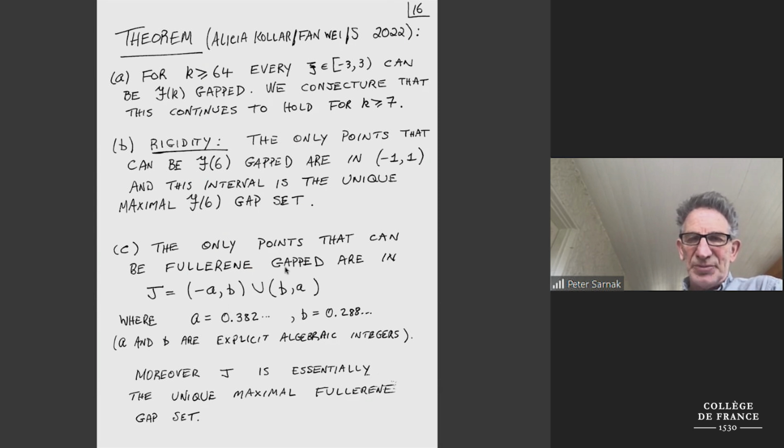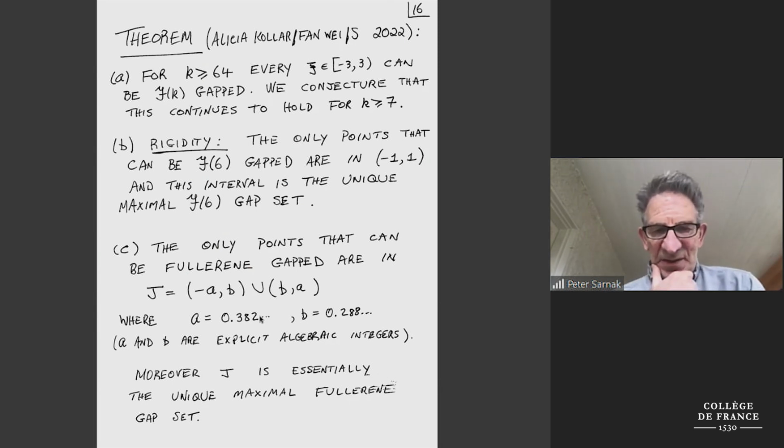It's an algebraic number, and it's certainly smaller than [-1, 1]. So this subinterval is much smaller, and you can gap any point in [-a, a] except a unique point b. So you have to remove this point b. You can't gap b. But any other point can be gapped. So that was one of our aims, to answer the question, what is the gap set for fullerenes? And this is the complete answer.